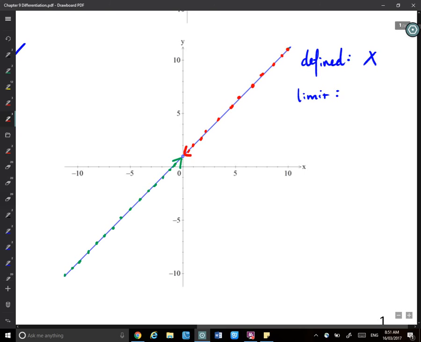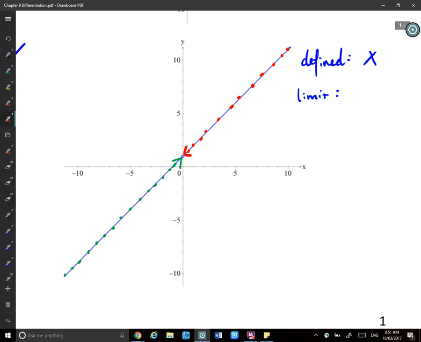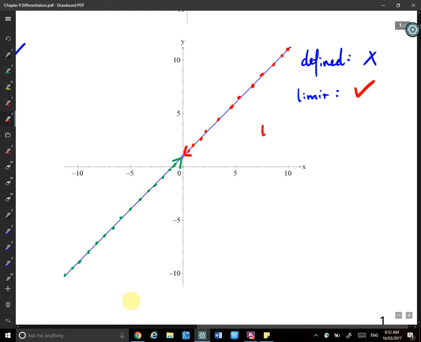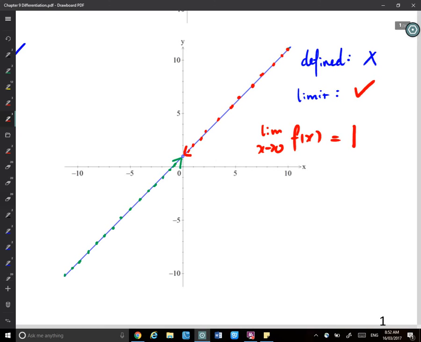So I will approach the same point. It's pointing to the same point, which means my limit does exist. And the limit as x approaches 0 of f(x) equals 1. Even though f(0) is not defined, I can still approach 1.